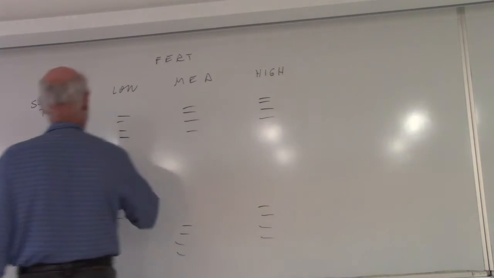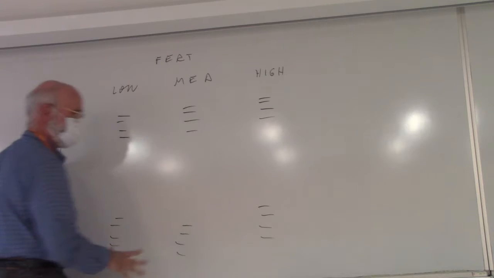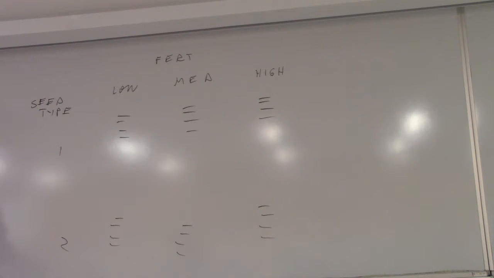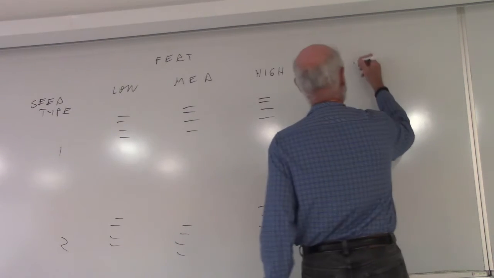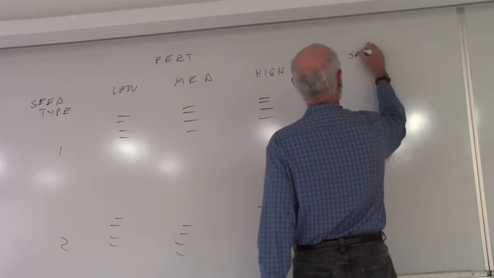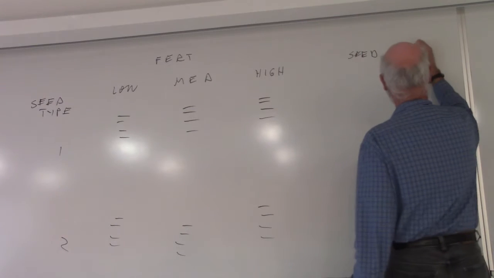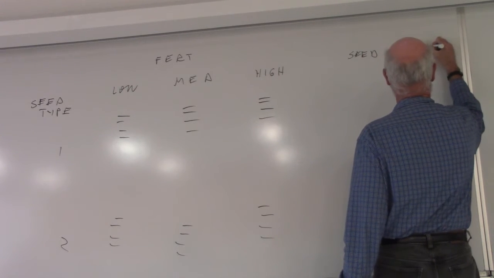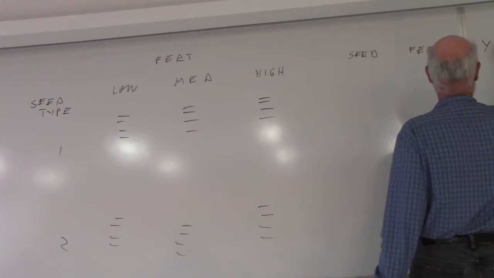In the Excel file, when you open up the page, it looks exactly like this. In the CSV file, because of the way R handles data, it all has to be in a column. So I have a column that says seed, a column that says fertilizer, and a column that says yield.